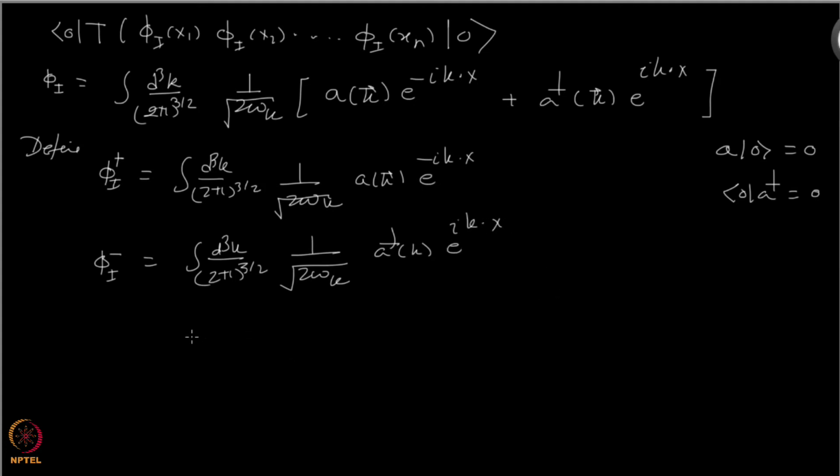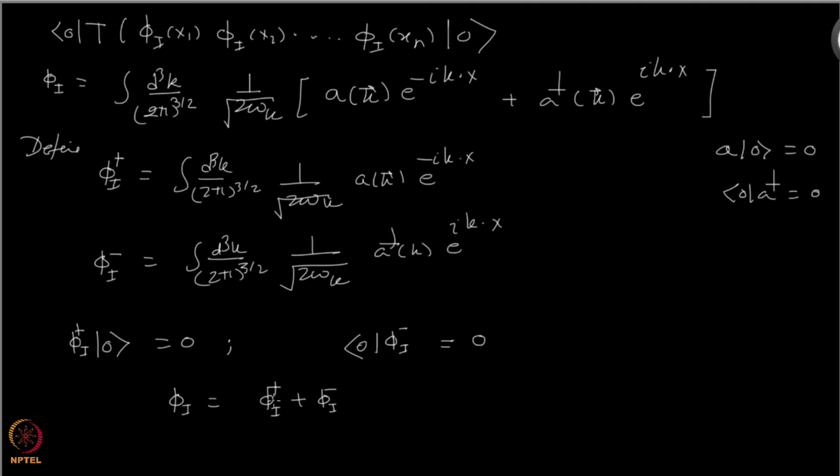Which means that if I take phi I plus and act on ground state, I get 0, and if I take phi I minus and act on ground state in the bra form, I get 0. So this is how I will write my phi I. This operator is a sum of these two operators.